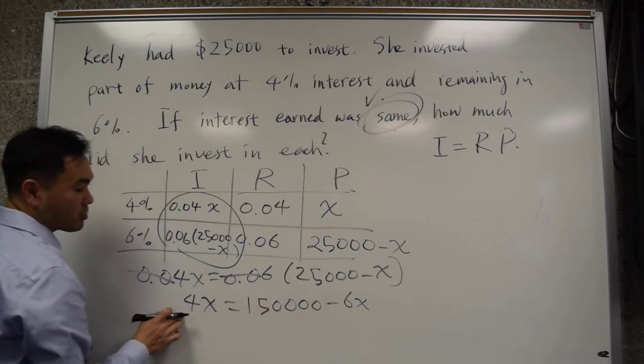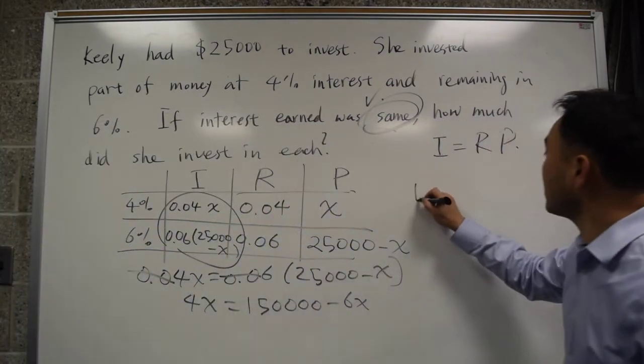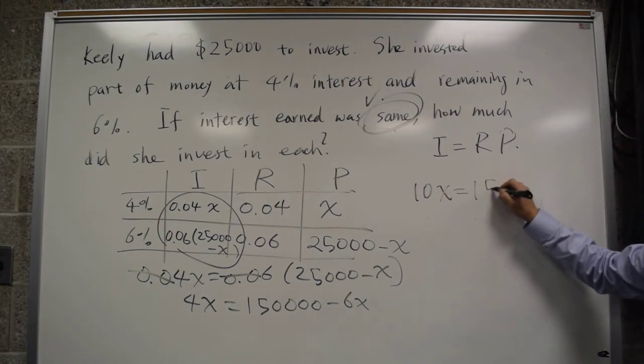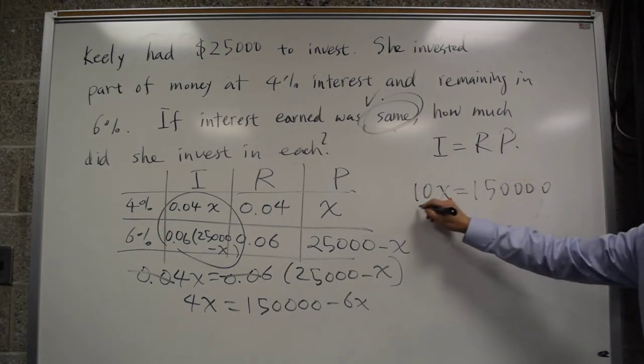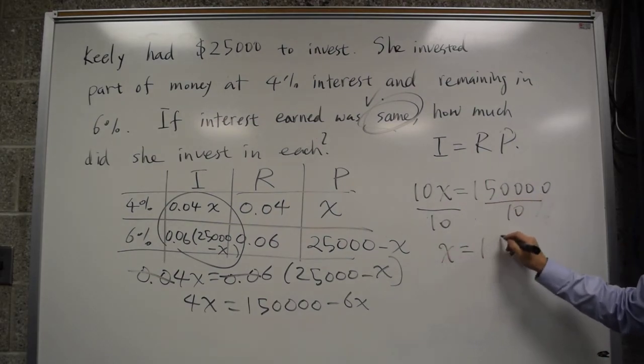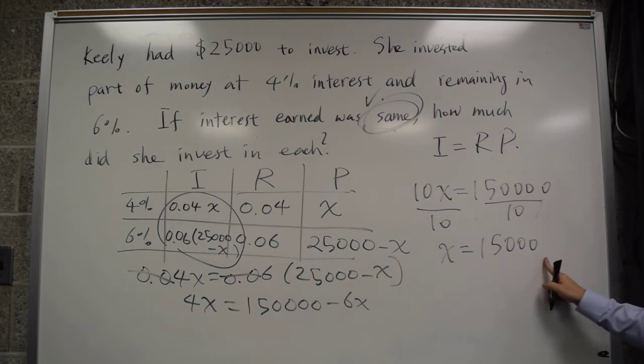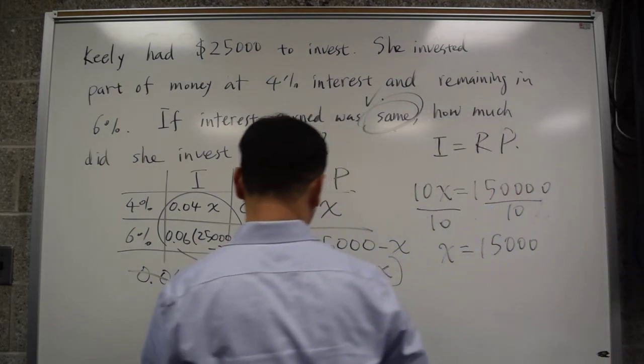You move this to the other side, you get 10x equals 150k. And dividing by 10 on both sides, you get x equals $15,000. So we now have the final answer.